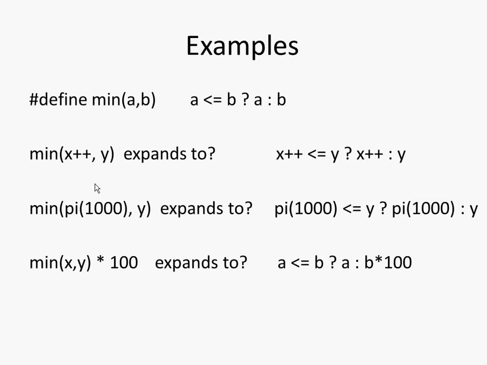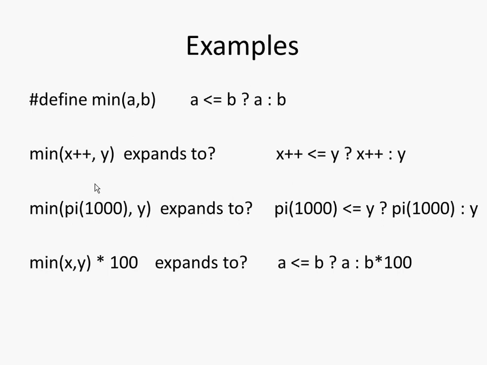Well, this increment would occur before the function call once, and then it would just pass the value. Maybe x is 2, and it does x plus plus, the value of x gets updated to 3, but it actually uses the value 2 to perform the call, if min is a function. If min is a macro, it just substitutes whatever is there.